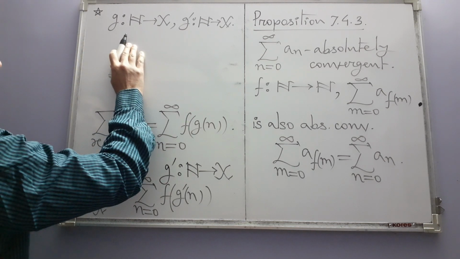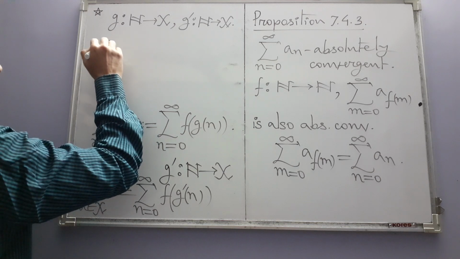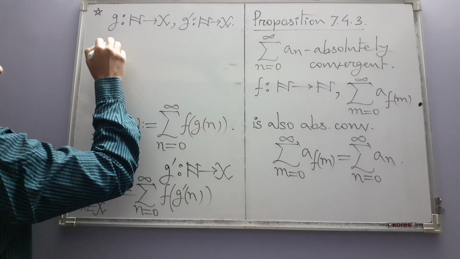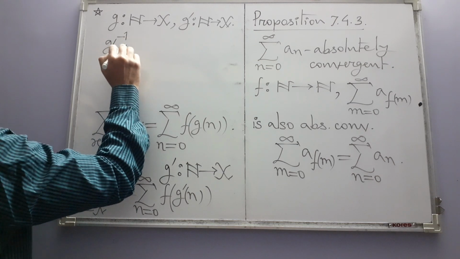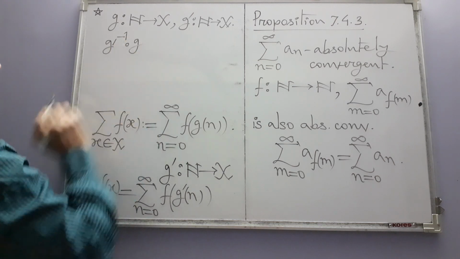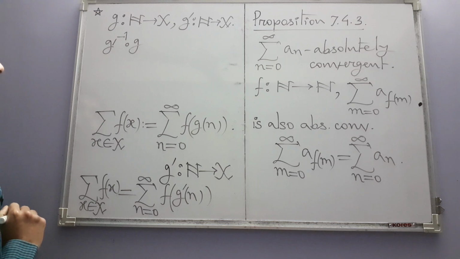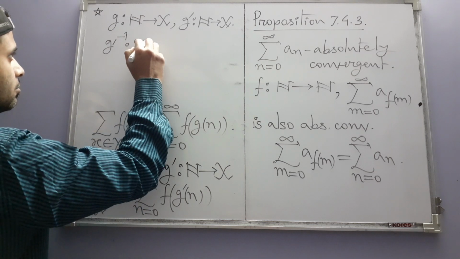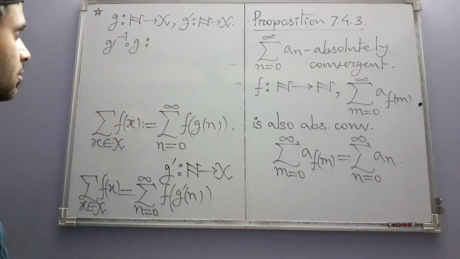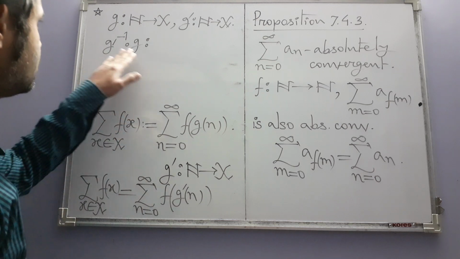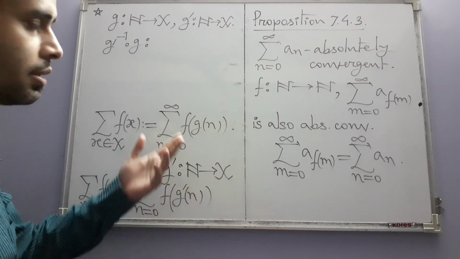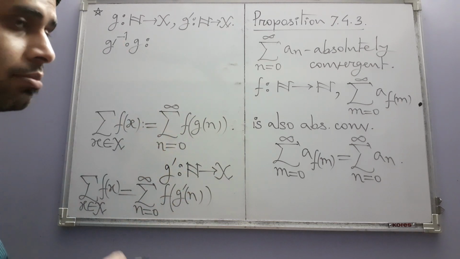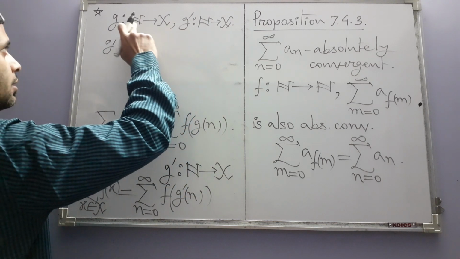It means that we can consider, for example, this composition of g prime inverse and g. Okay, so when we apply this composition to some element in the domain of this composition, what will be the domain of this composition? N.